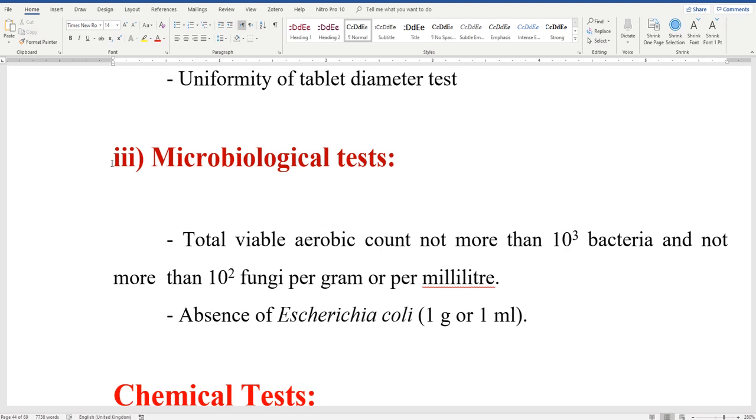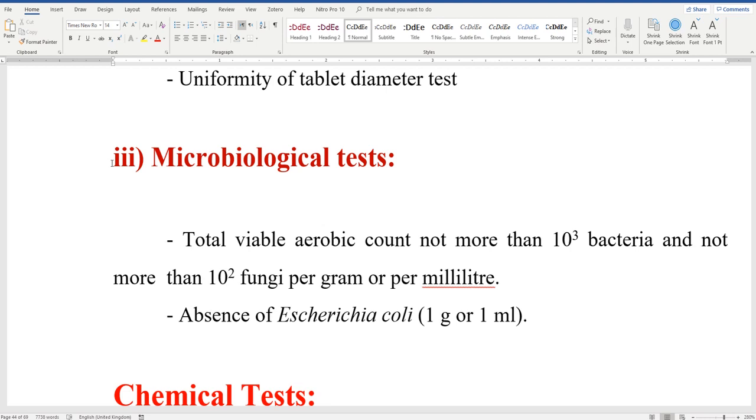When there is no pathogenic bacteria, and I'm limiting the amount of other bacteria that are not harmful, then we call it hygienic. That's why if you go to industry, you will notice that they are trying to keep everything as clean as possible. The water is distilled water, they wear special coverings on their shoes, they cover their heads.